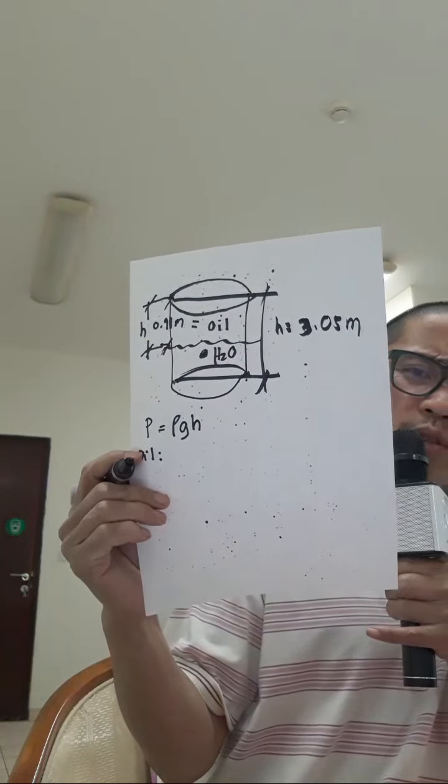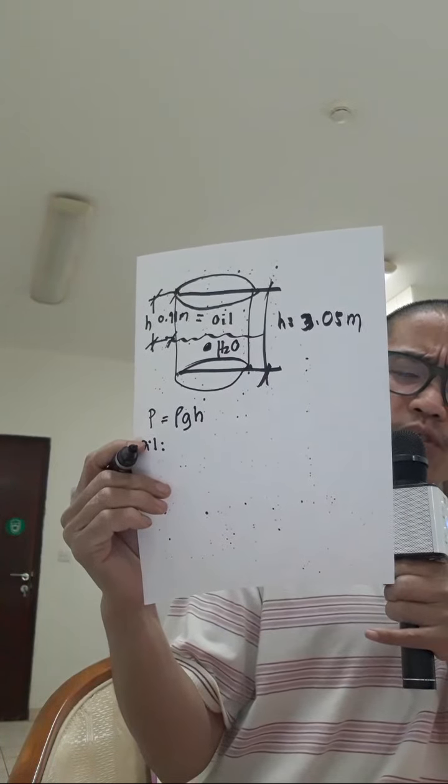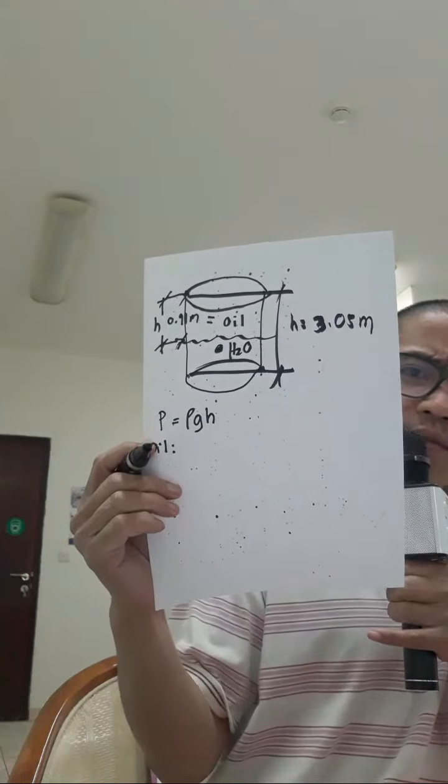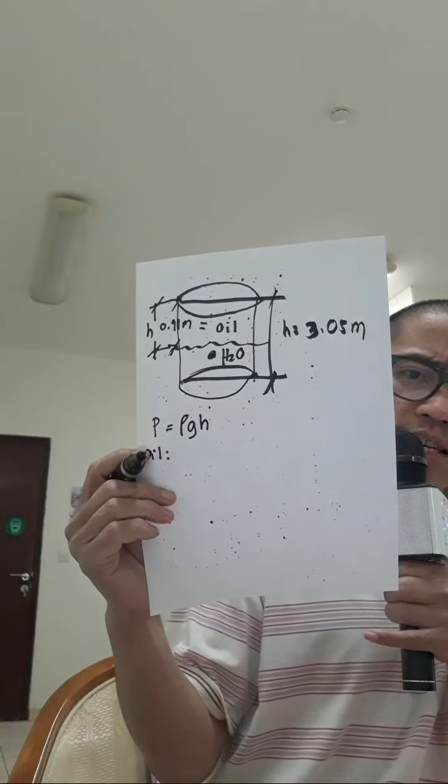So let's substitute this 0.91 meter into the formula: density times gravity times height. The density of oil is computed already, 800 kilogram per cubic meter.